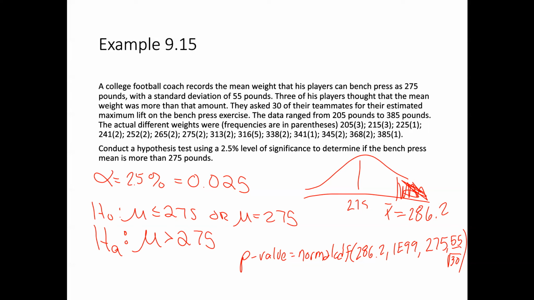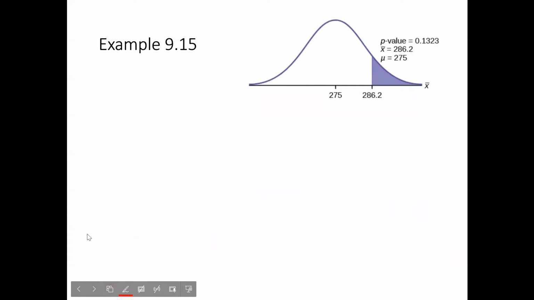So our p-value was 0.13. The p-value is greater than our established alpha. So alpha was 0.025. Is that what we were using?